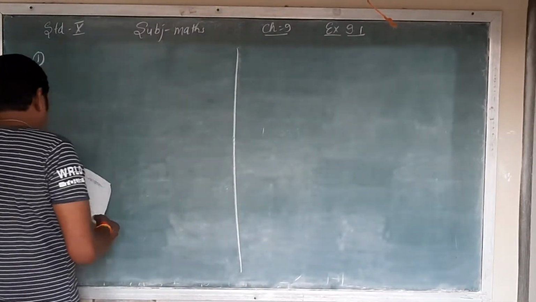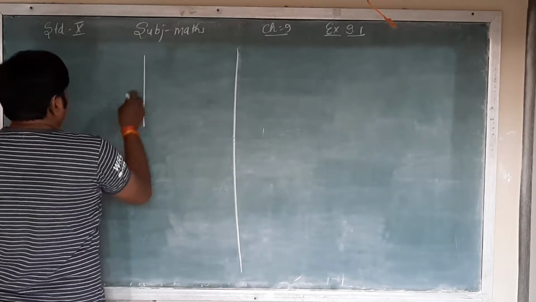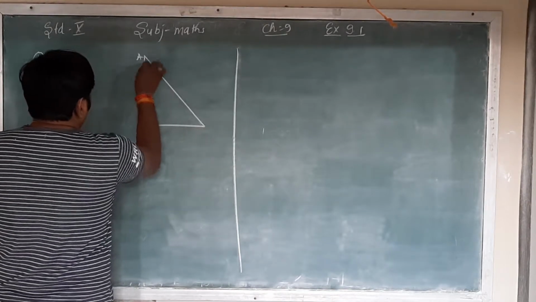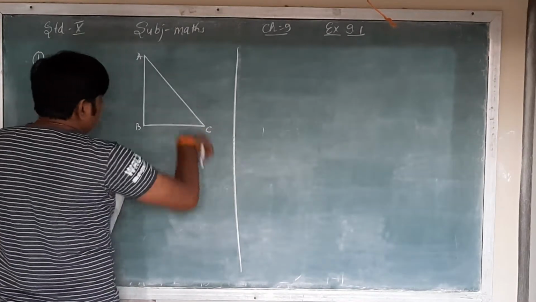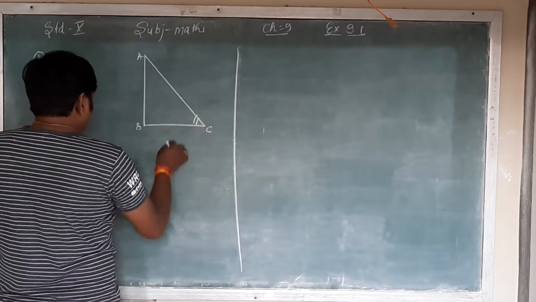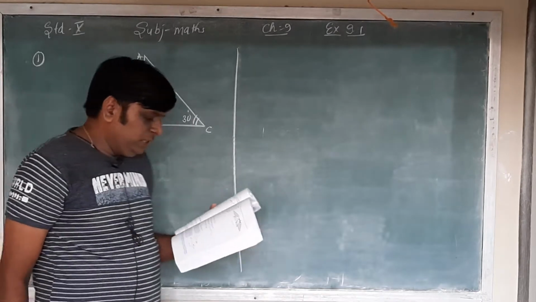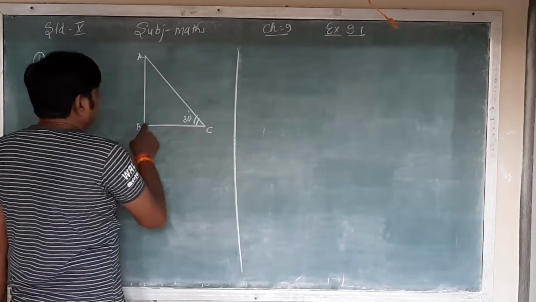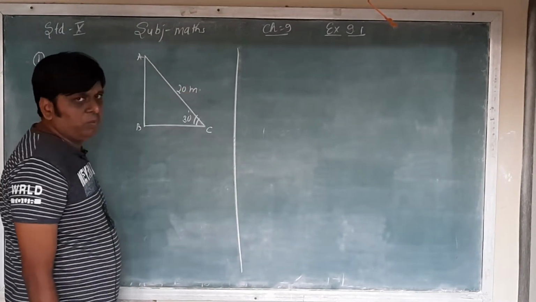They are given an artist and a tightly tied rope. Suppose the pole is AB and AC is the rope. The angle made is 30 degrees, and the rope is 20 meters long.